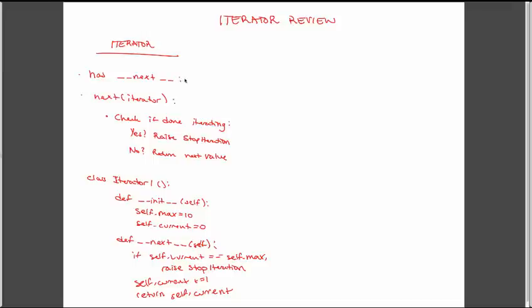Some examples of objects that have iterators associated with them: a list has an iterator associated with it, the range object has an iterator associated with it, strings have iterators associated with them, and for each of these I'm able to use a form that you're probably used to: for element in some string, I'm able to iterate over the iterator associated with this string.